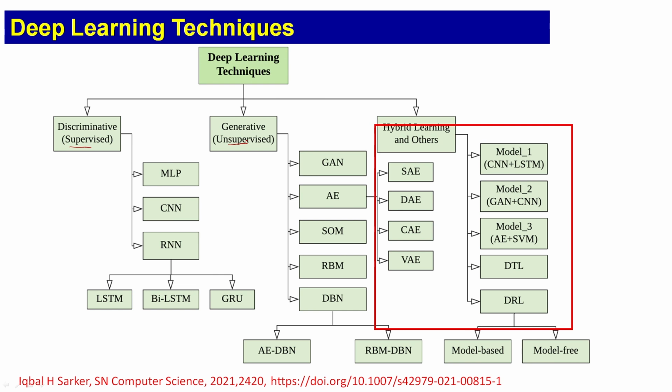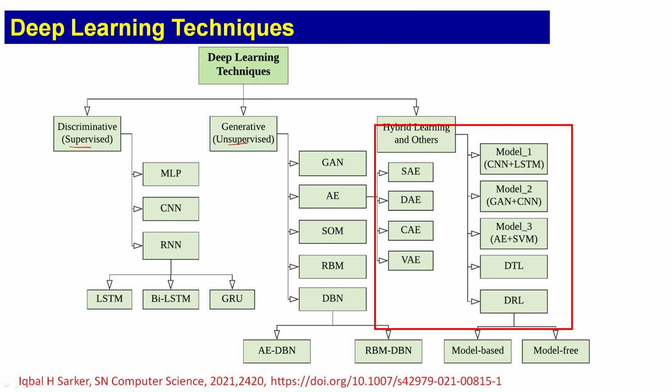We talked about CNN, we talked about RNN, and as a part of RNN we talked about LSTM also, GRU also, right. I hope you remember. In unsupervised learning we discussed mostly autoencoders, AE, generative adversarial network, GAN, SOM, we discussed about it, right.